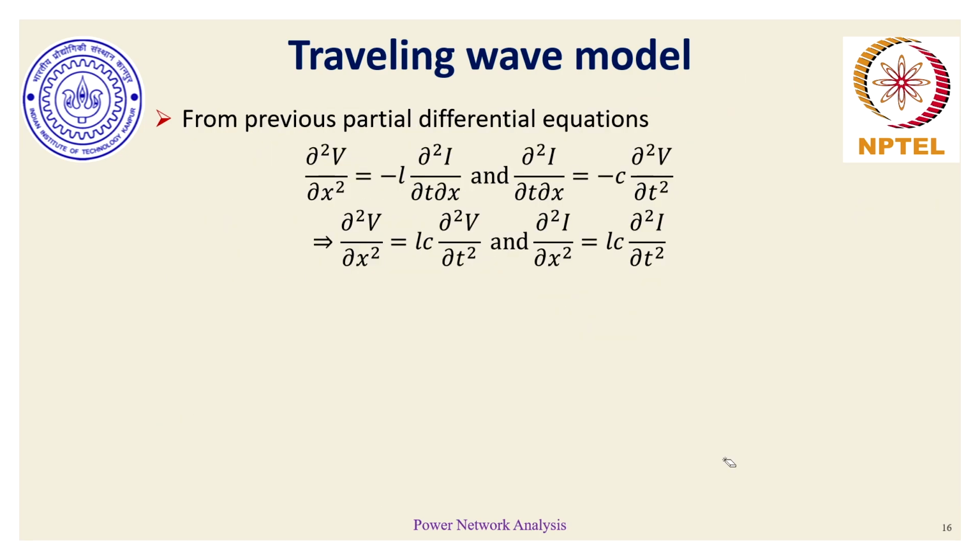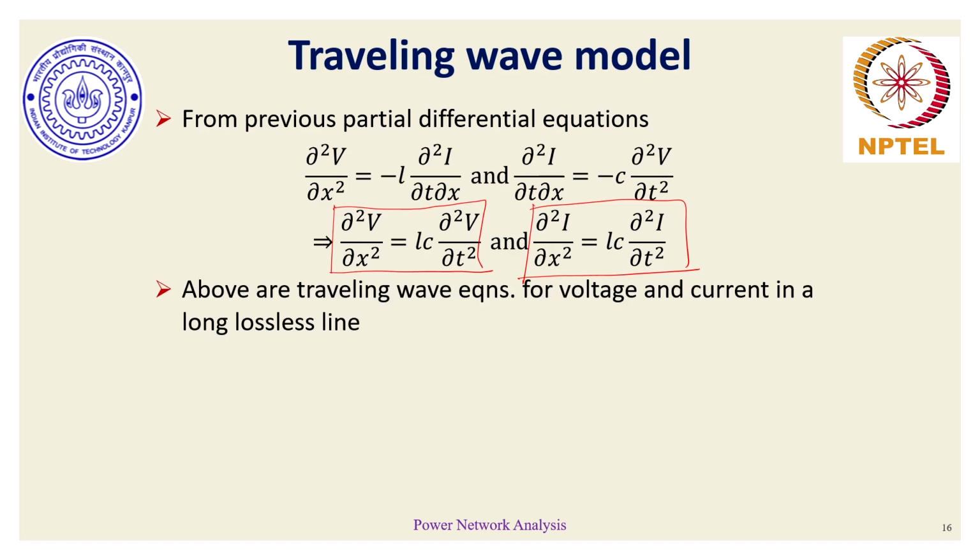If we rearrange these equations, we get two partial differential equations, one in terms of voltage and the other in terms of current. At the outset, these two equations look very similar to each other, and the way we had a general form of solution for the long line model, on similar lines we can have a general form of solution for these two partial differential equations also.